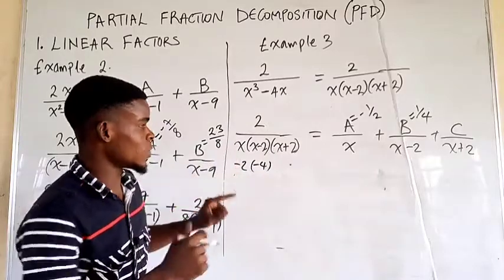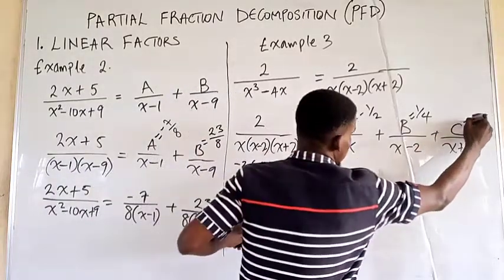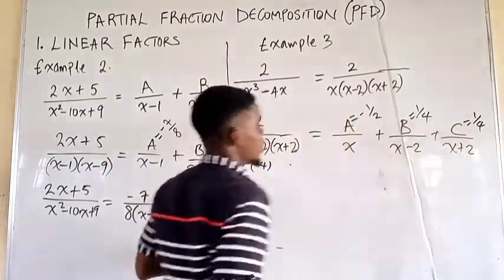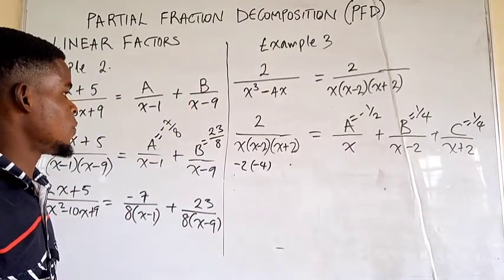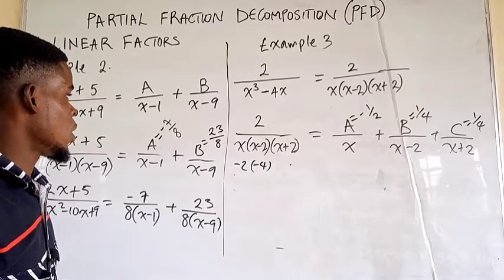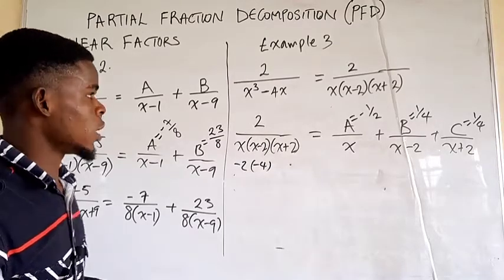So 2 over 8 is 1 over 4, the positive case. That is it for the value of C.